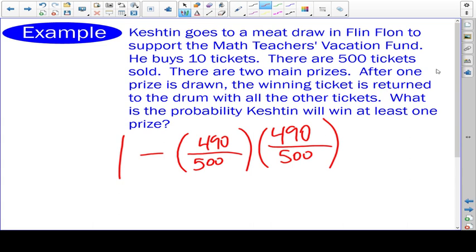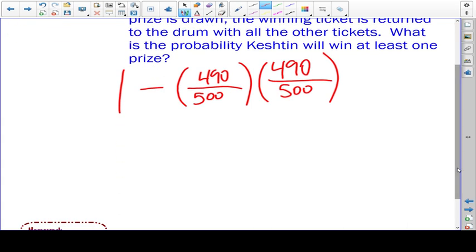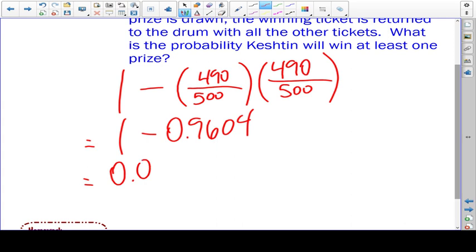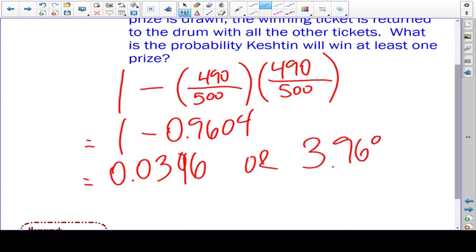Now, 49 divided by 50, or 490 divided by 500, times itself is 0.9604. So what this tells us is that we get 1 minus 0.9604, which is 0.0396, or 3.96%.